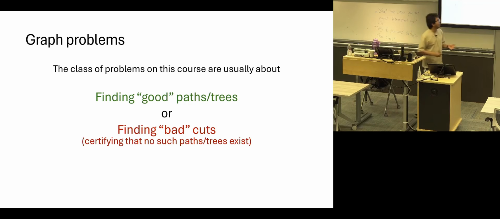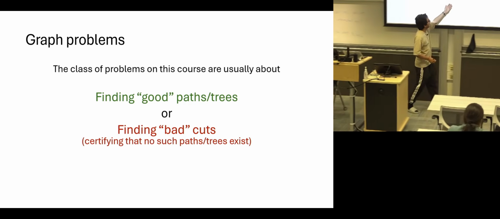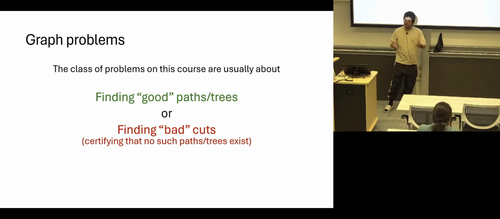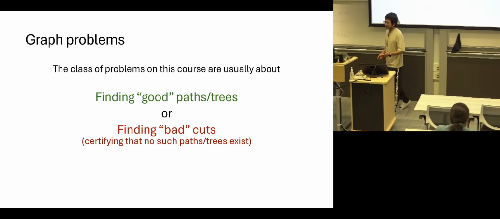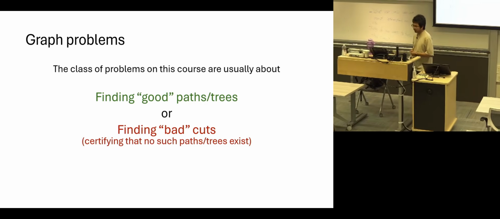The certificate to say that such a set of paths or trees that you want does not exist is usually to return some cut in the graph.